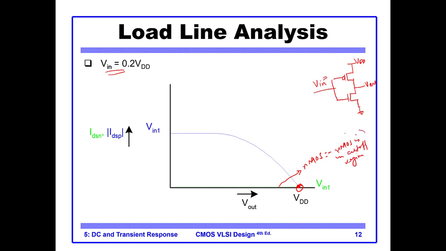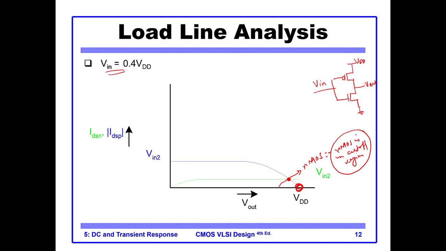The 20% of VDD is so low that the NMOS is in the cutoff region, and you have no current, and the output is almost at the same point.